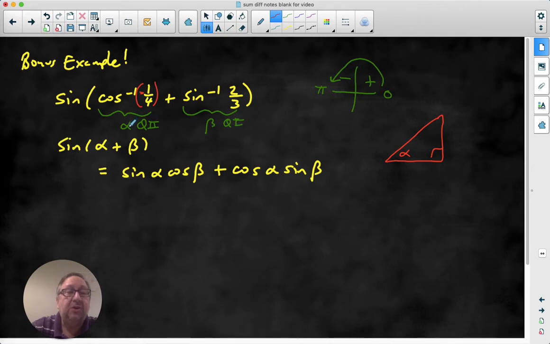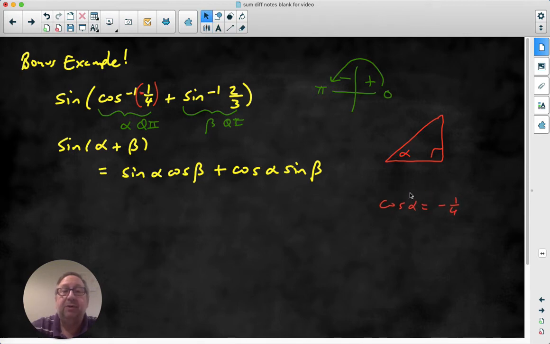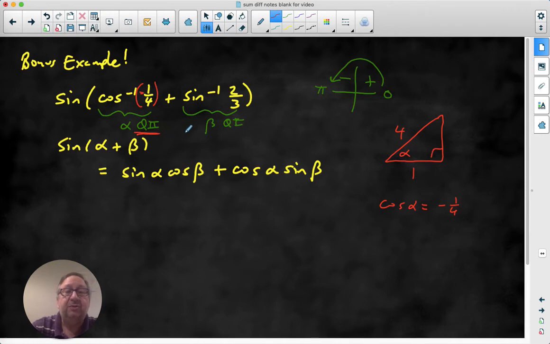So the cosine of alpha is negative 1/4. That's exactly what this is telling me. And how do we label a cosine of alpha being negative 1/4? We put adjacent over hypotenuse. And the fact that it's negative, it's quadrant 2, so we know that. And just like the previous problems, missing side is going to be, in this case, 4 squared minus the 1, so this is the square root of 15.